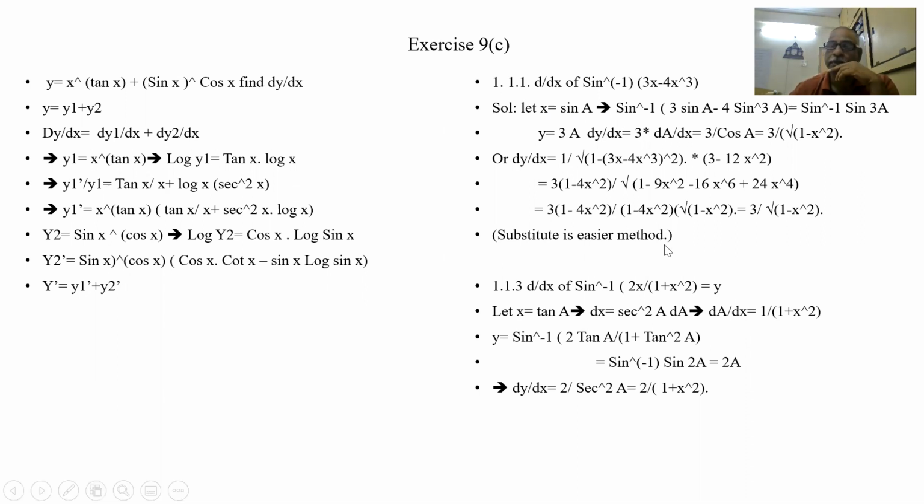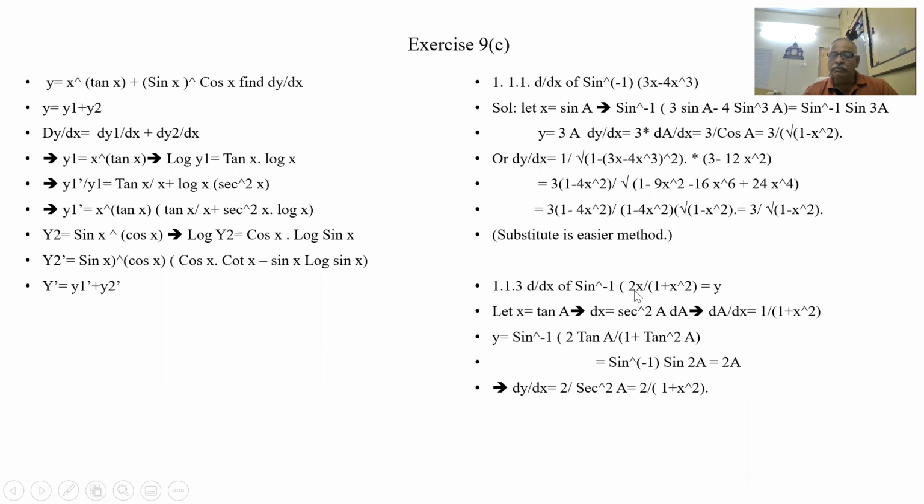Simple. Or we can do this also: 1 by square root of 1 minus x square into differentiation of this, which is 3 minus 12x square. If I do it, I will get the same answer. But here we see the substitution method is the easier method.